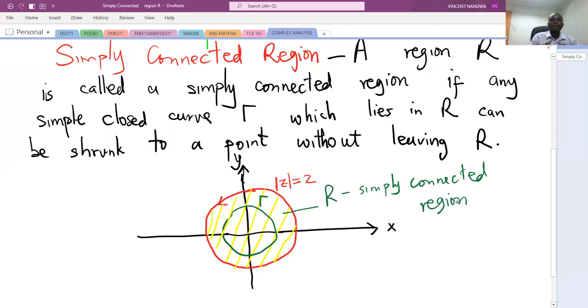You can shrink this simple closed curve gamma to a point within this region R without leaving the region R.